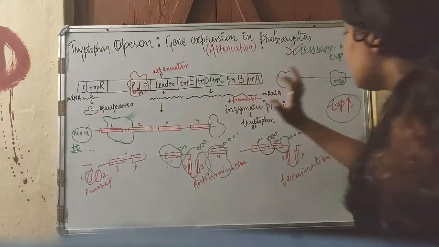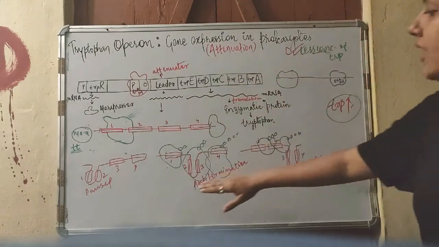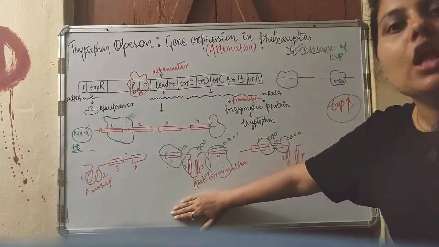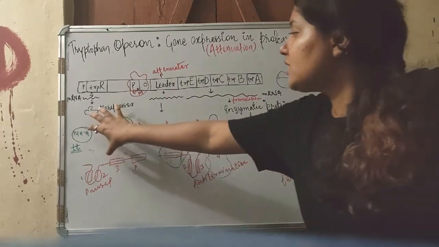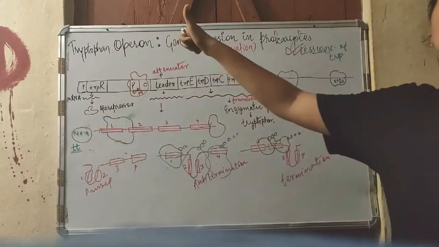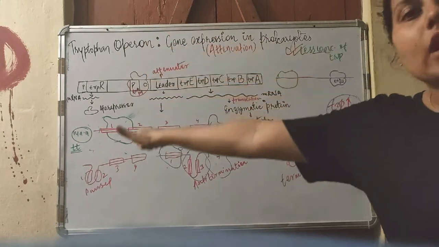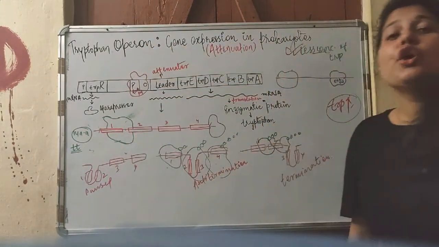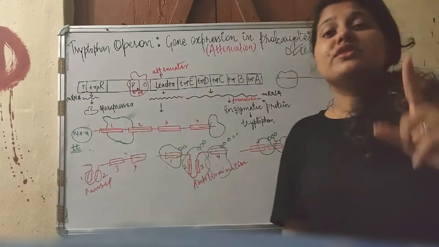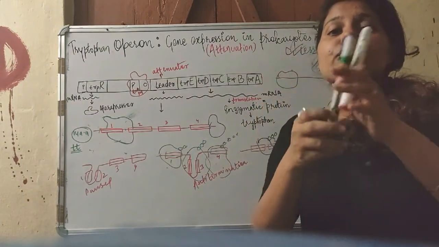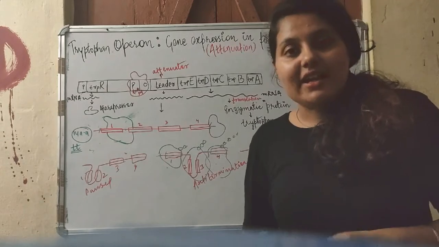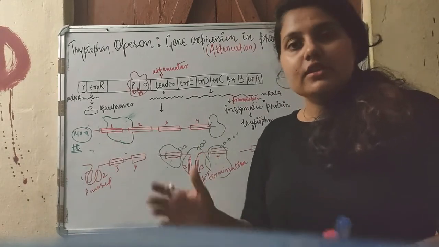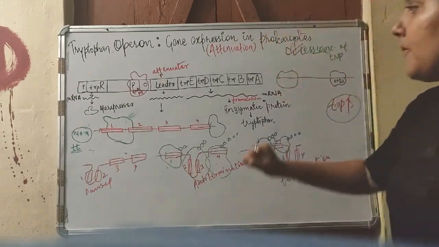So when the tryptophan concentration is low, the anti-termination hairpin loop will form, because the ribosome will stall at sequence 1 and wait for tryptophan to come, because these segments code for 14 amino acids, in which 2 tryptophans are required at the start of the polypeptide chain.